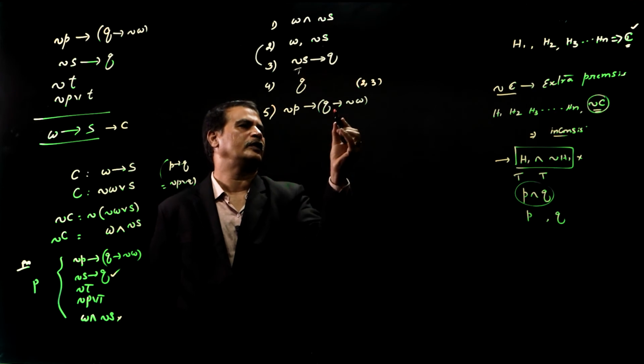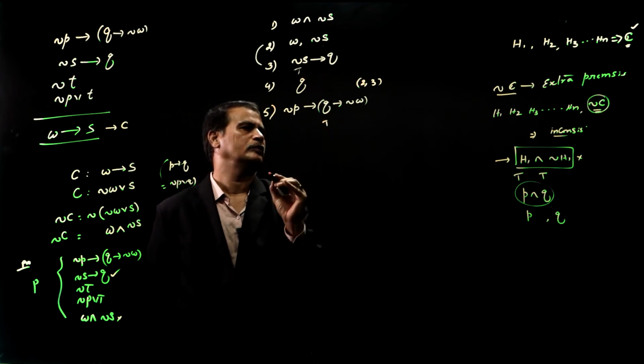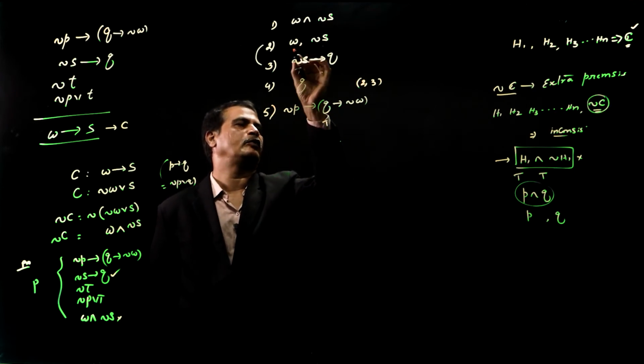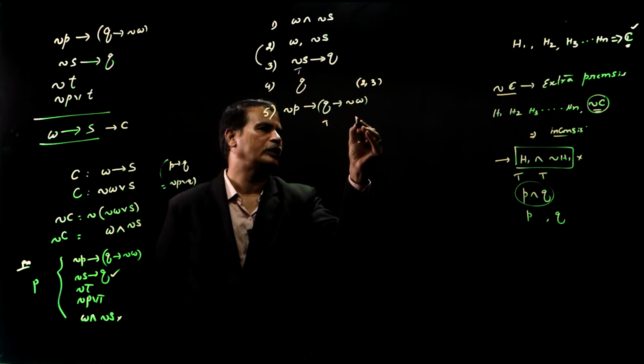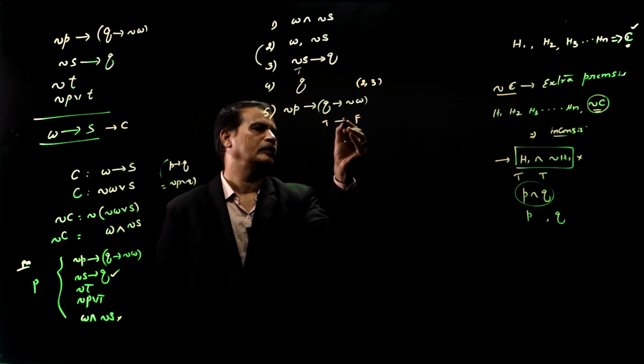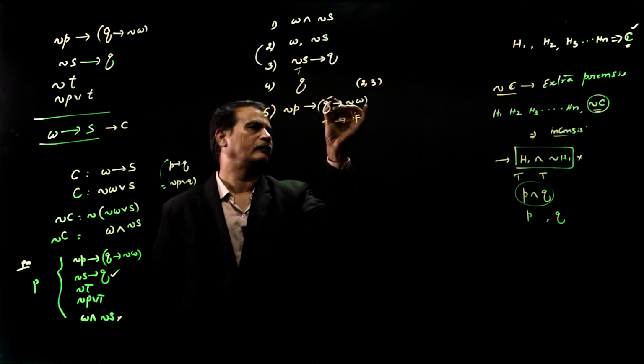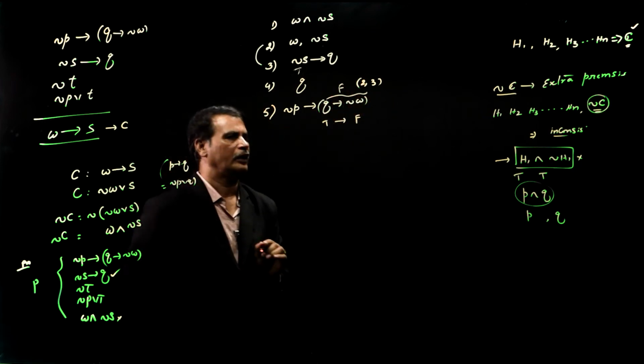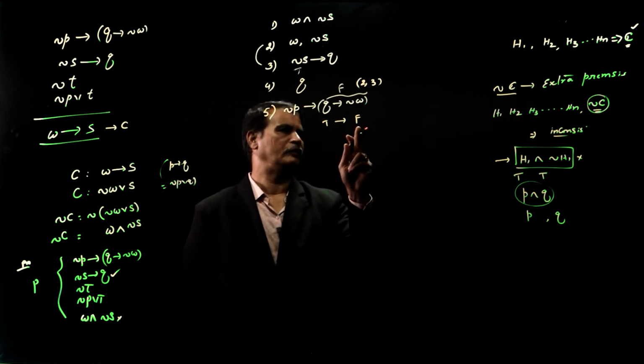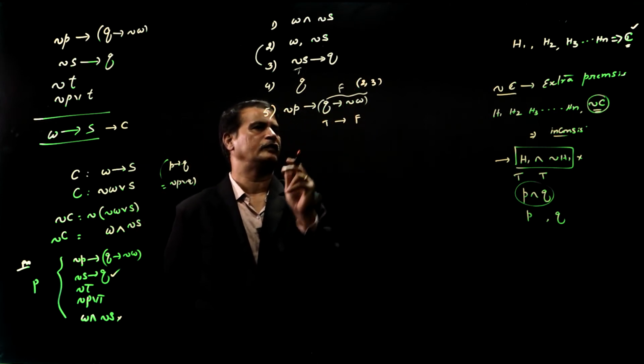W true, so negation of W value is F. That means the entire value of this is F. Am I right? First one true, second one false, T implies F is always F.